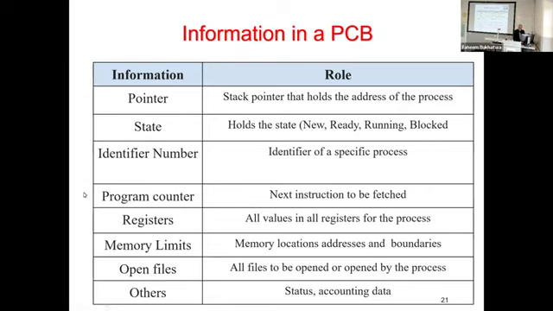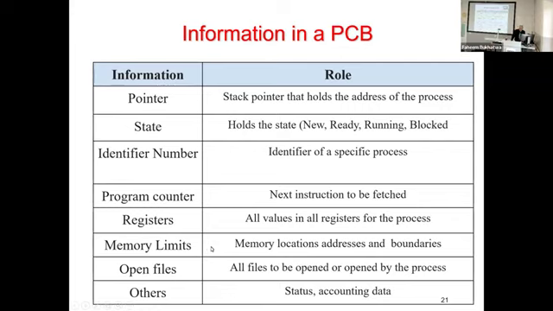Identifier number, that's important. The state: is it new, ready, running, or blocked? Program counter, that's which line of code we have reached so far in the CPU. So when we bring it back, we start at that line number. Memory limits, if there are any.